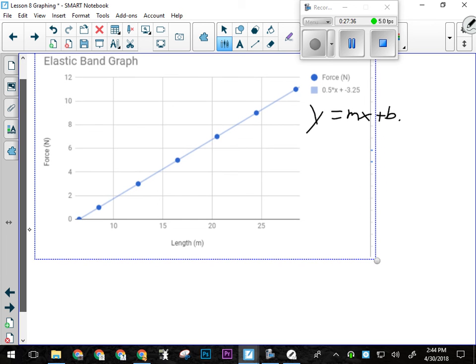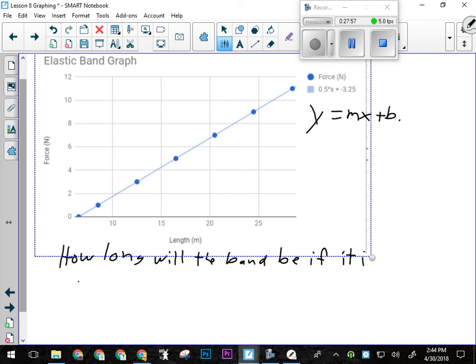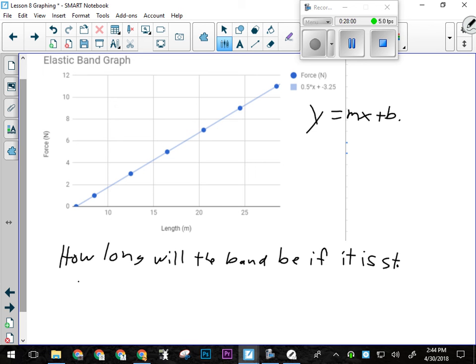So with this graph, our first question will be, how long will the elastic band be when it's stretched with a force of 20 newtons?